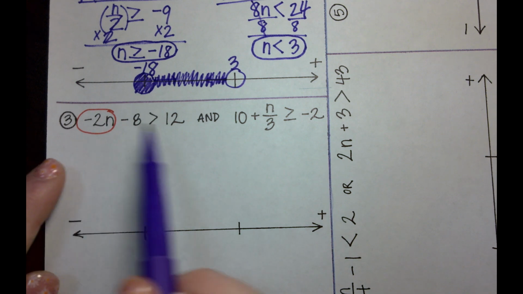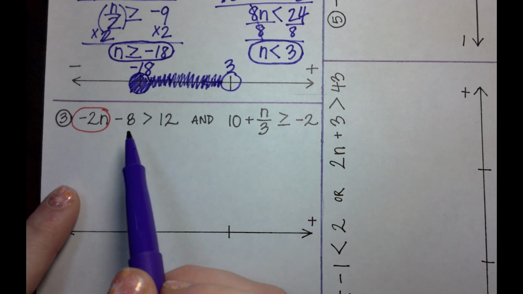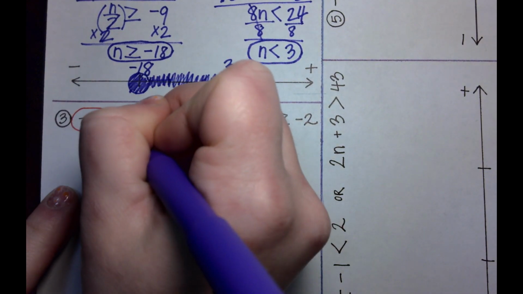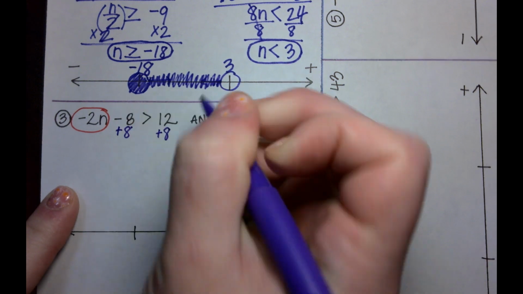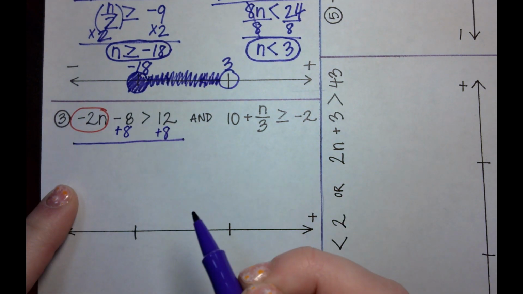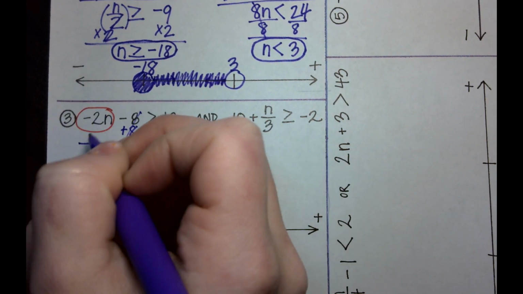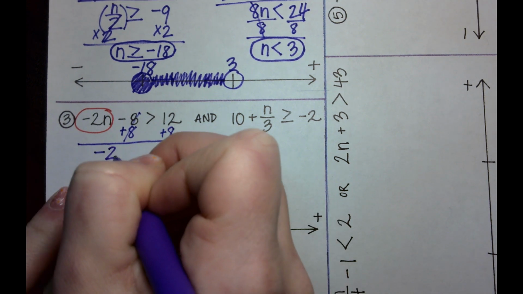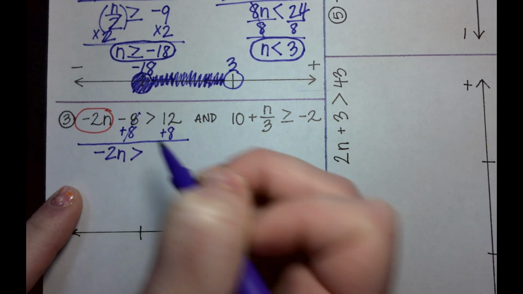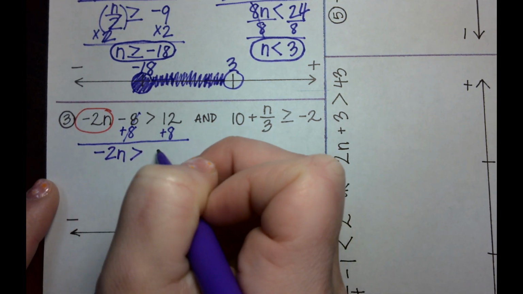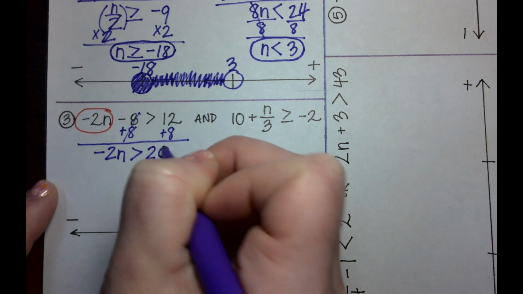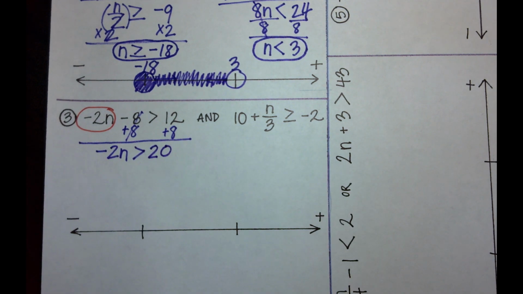So where do we start here? Add 8. Yeah, let's add 8 to both sides. Okay, my 8's will cancel. I'll bring my negative 2n in, my greater than, and 12 plus 8 is? 20. Good. Okay, so what do I do next?